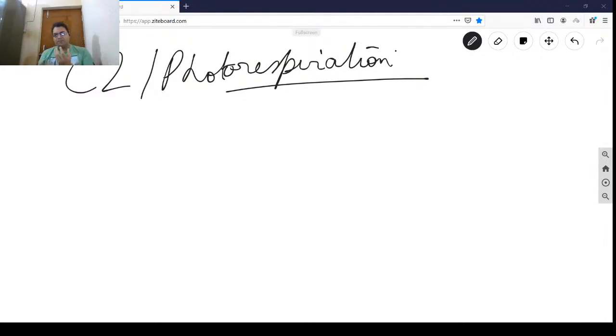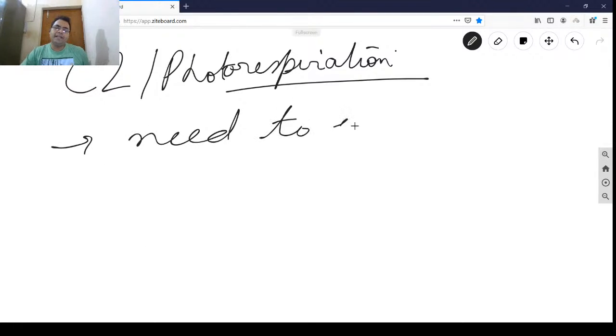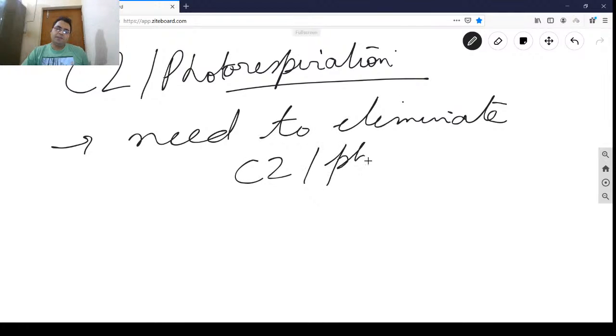If you try to modify, not that step directly, but make some additional changes in the preceding steps which lead to the formation of 3-phosphoglycerate, then if we apply enough common sense, we can evolve a better pathway so that we can directly eliminate the C2 cycle. Elimination of the C2 cycle means what? There is a need to eliminate the C2 cycle or photorespiration.